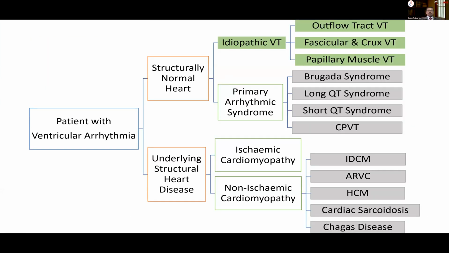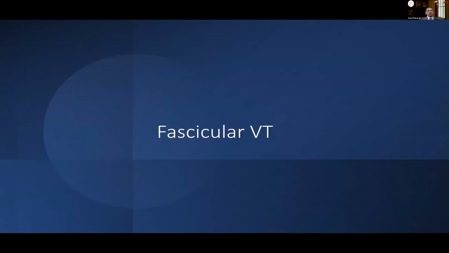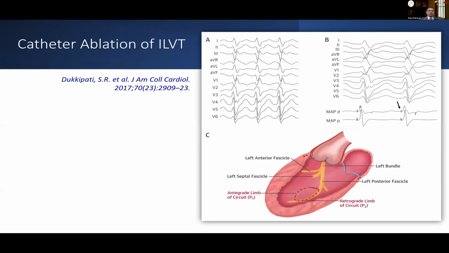Next will be fascicular and crux VT. Briefly, the fascicular VT or ILVT has a right bundle branch block morphology, and the majority have an origin from the posterior fascicle of the left ventricle.